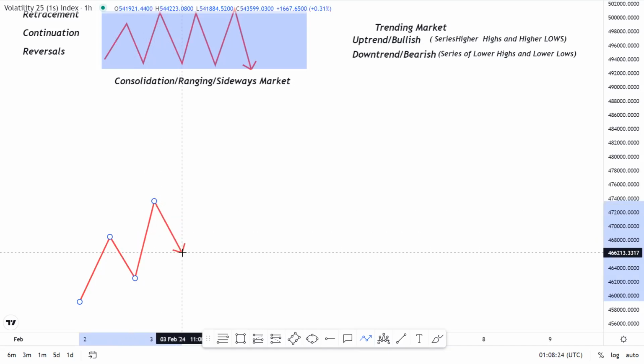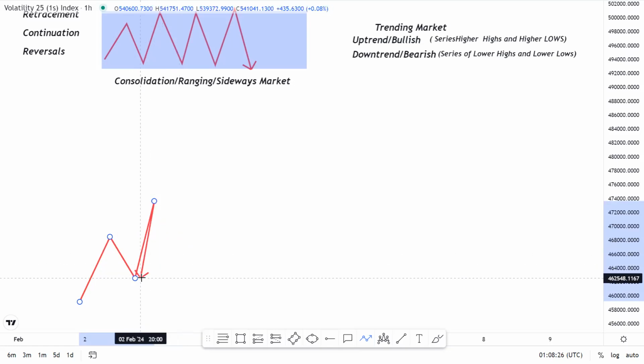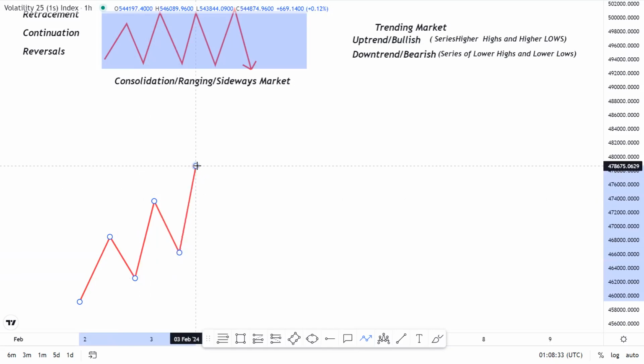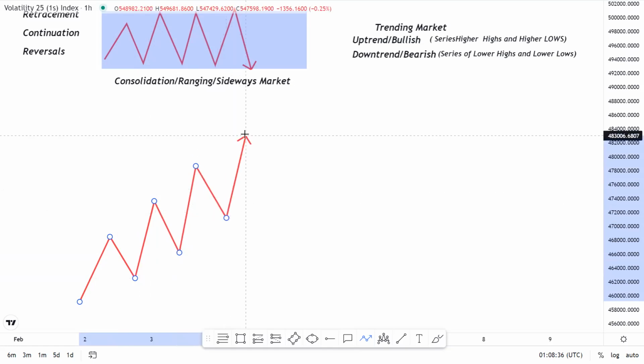Then we clearly have a low that is not as low as the previous low. And then we tend to see price continue in this phase for a while.